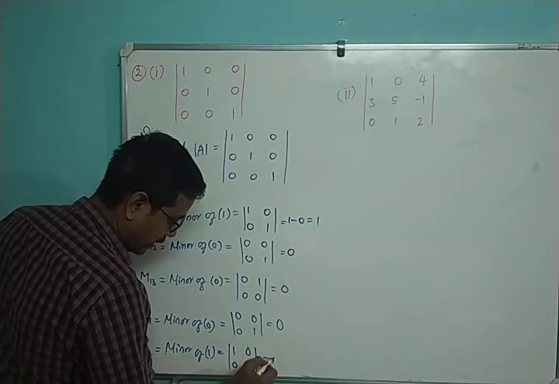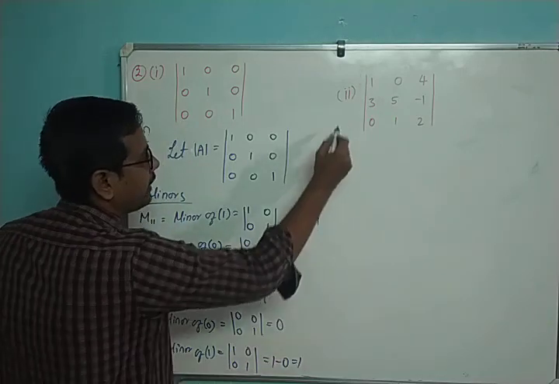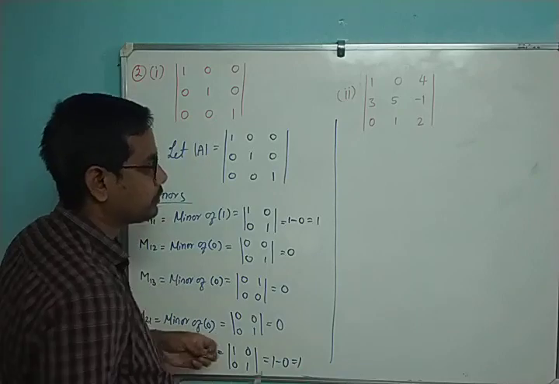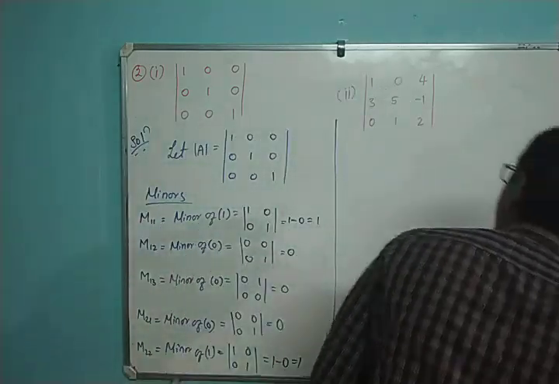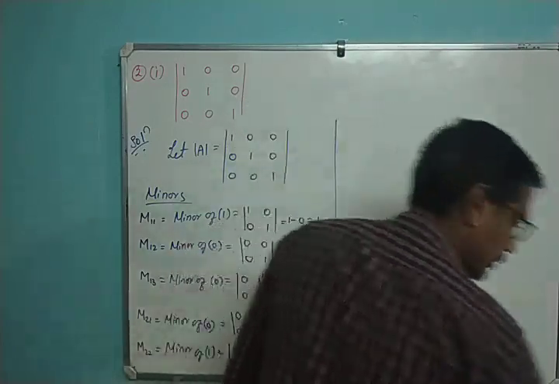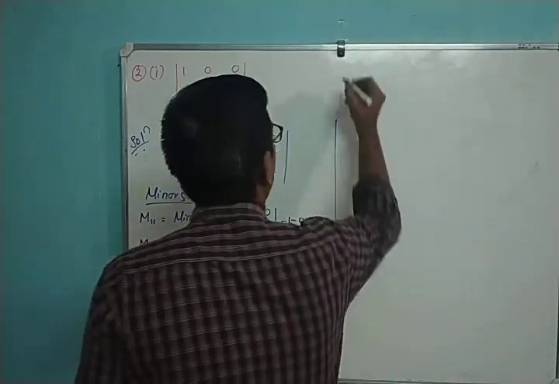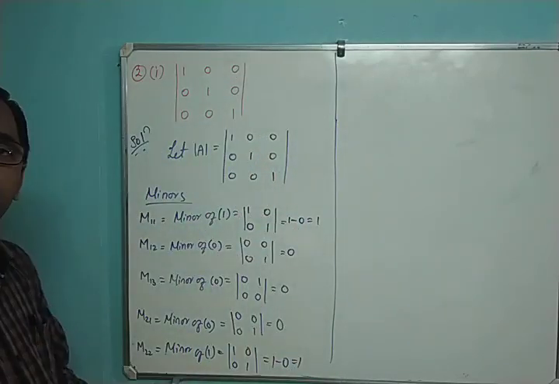So it's nothing but 1 into 1 is 1 minus 0, that is nothing but 1. Okay. So let's take up this afterwards. Okay. So M22 I have calculated.